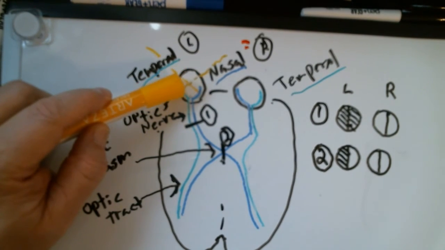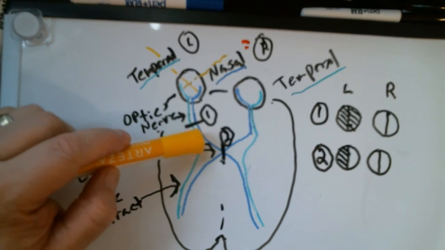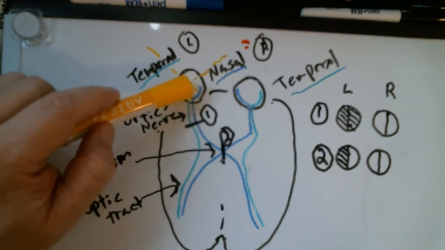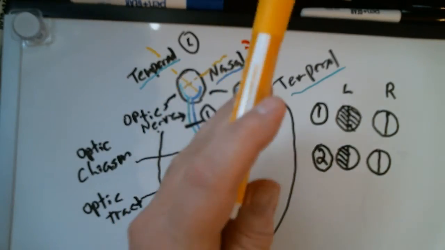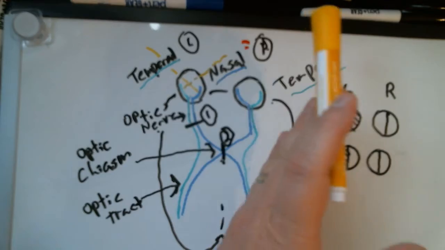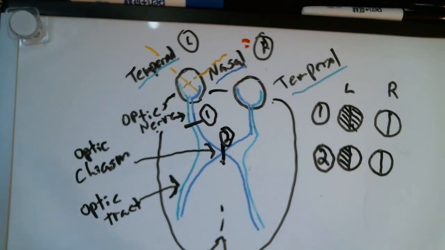So it comes down here, hits the temporal side, down the green one, and so it registered. So they have half the vision of this eye. They're going to be able to see everything on this side of the person, but he's not going to be able to see everything on this side of the person, right? So that's what happened. So right now we're done on this one. The left eye, that's good. That's how the vision is going to be.